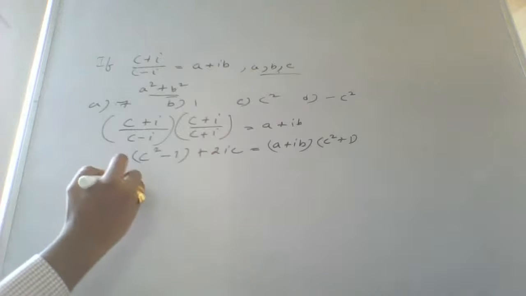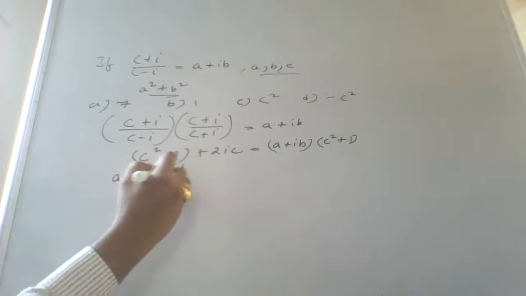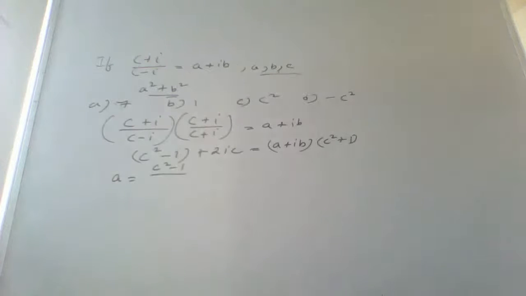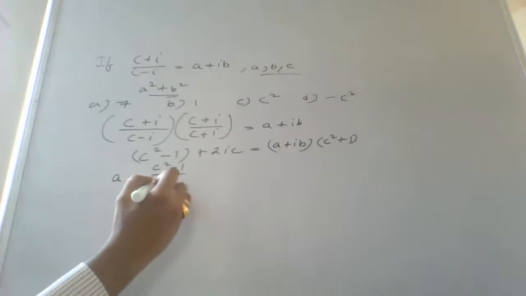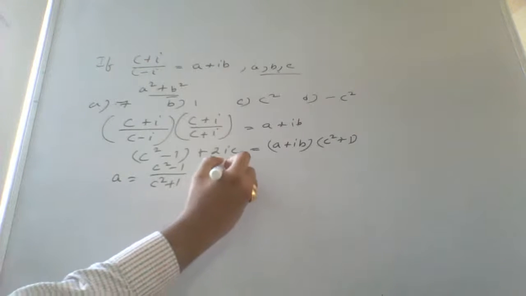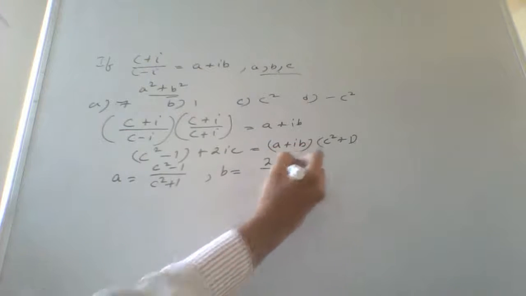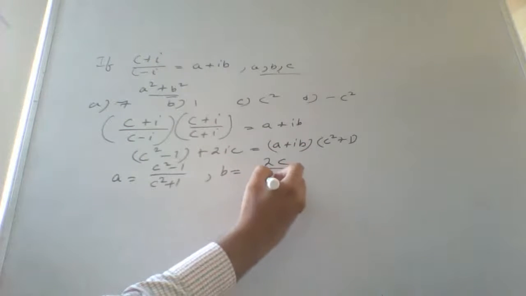Now let us find what is a. a would be c square minus 1 divided by c square plus 1, and b would be 2c divided by c square plus 1.